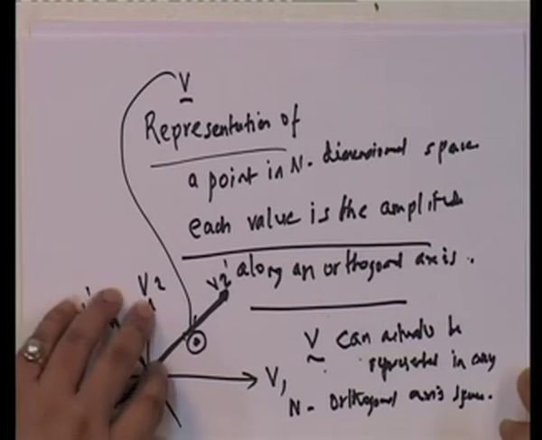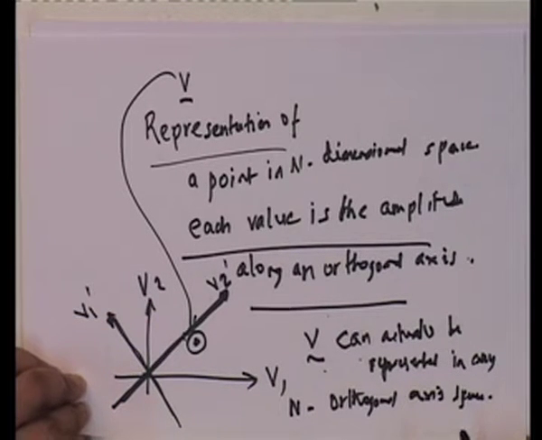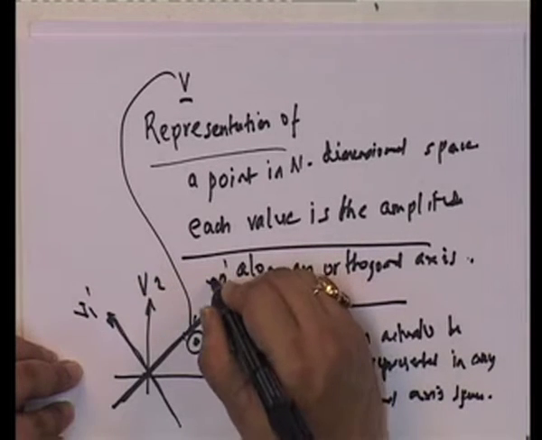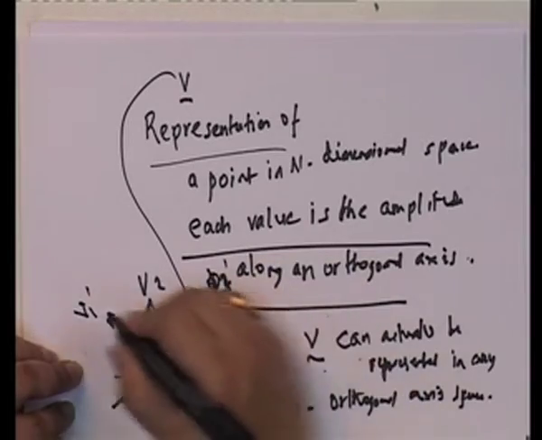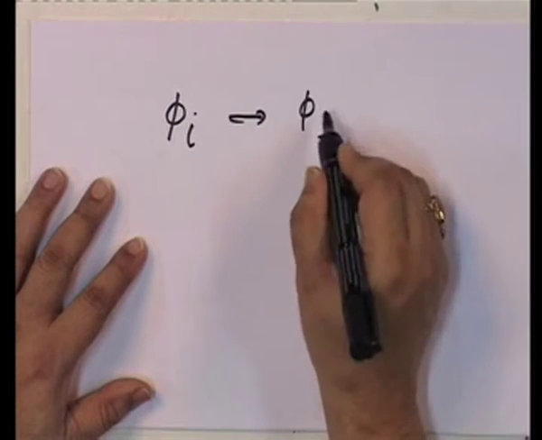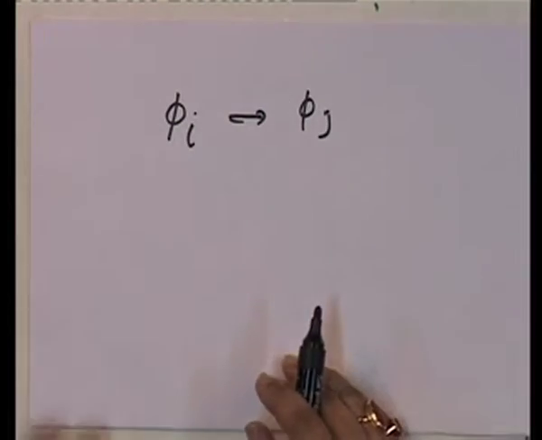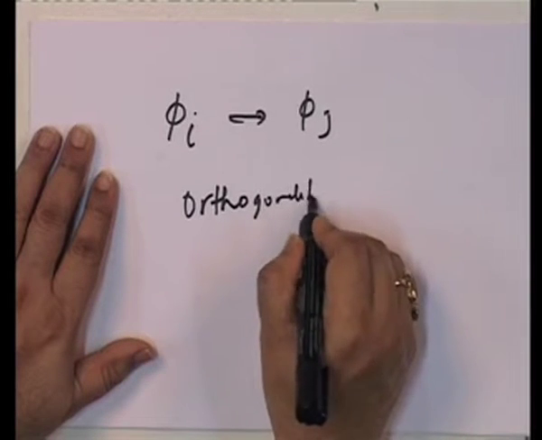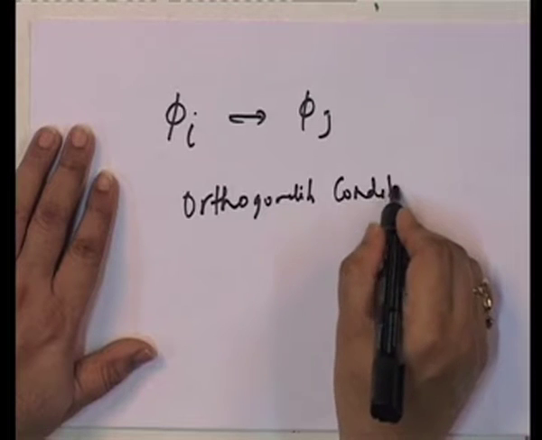Okay? So, now let us look at one such space that I know. We know that phi 1 and phi 2, I mean phi i is orthogonal to phi j. I know that because they satisfy the orthogonality condition.